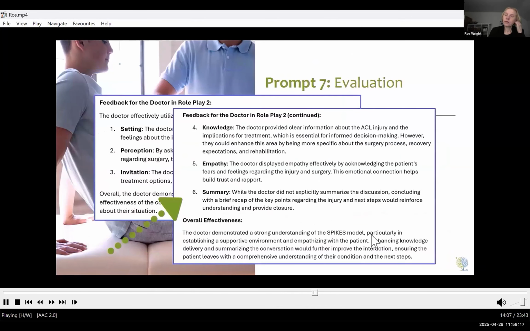I'll now give you a moment to read through the second part of the evaluation using the Spikes model.